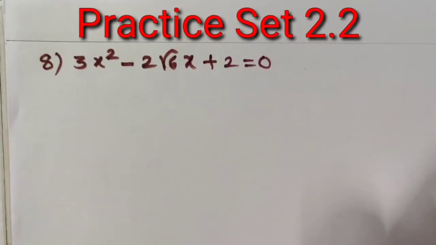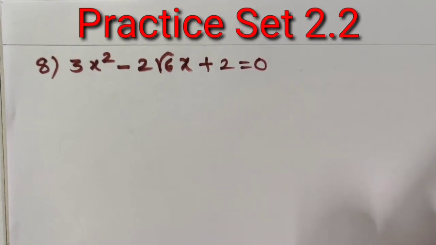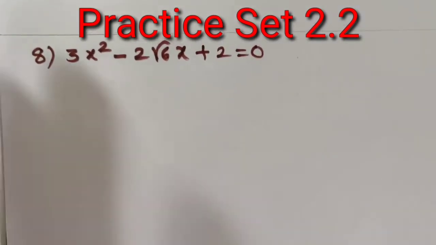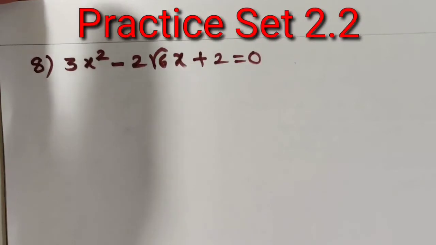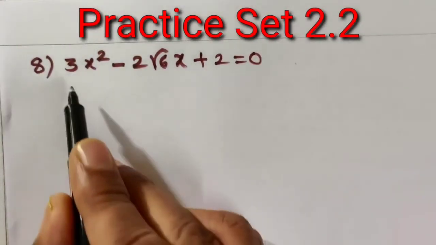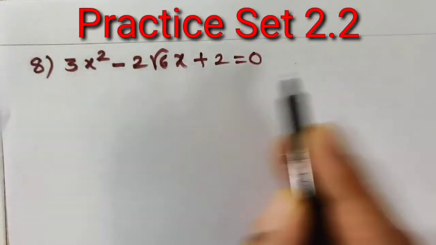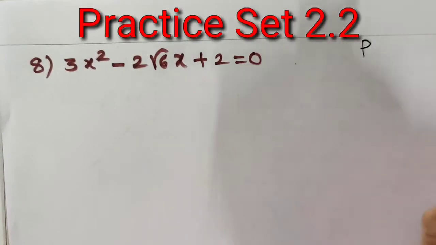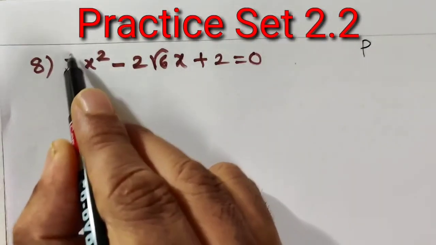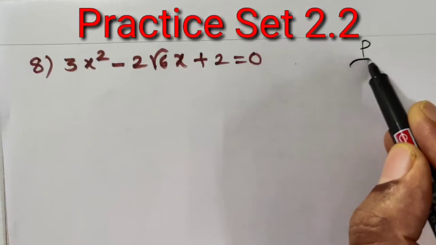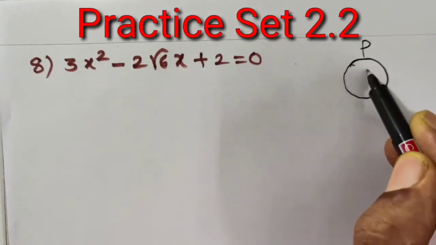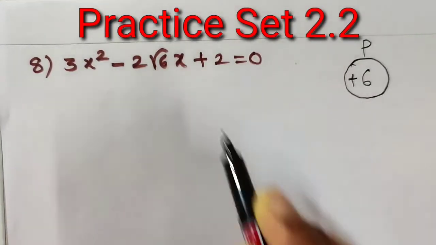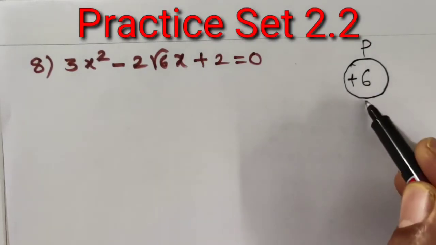Let us see the eighth sum from practice set 2.2, factorization method. So here our product is 3 into 2, plus 6. The last term is positive, therefore plus 6.